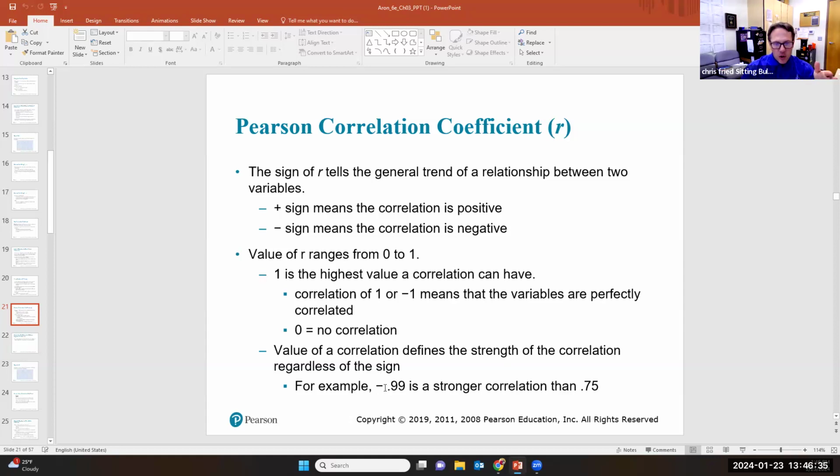You can have a decimal, so -0.99 is a stronger correlation than 0.75. Remember, just because it's a negative correlation doesn't mean it's a bad correlation. It means that it's stronger. So the closer you are to 1, whether it's -1 or +1, the stronger that relationship is between those two variables.